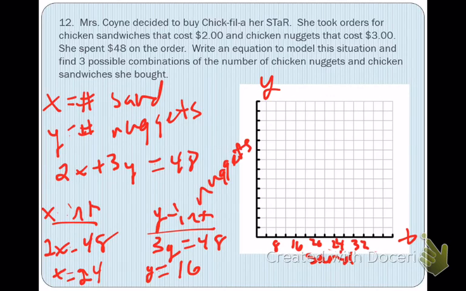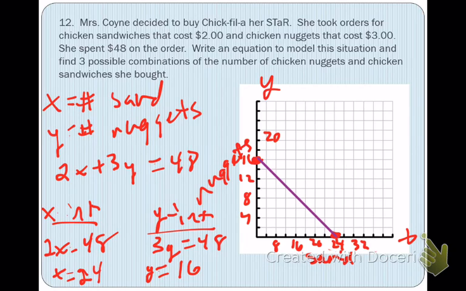Now the nuggets, the y's, need to go up to 16. So we should be able to go 2, 4, 6, 8, 10, 12, 14, 16, 18, 20, and so forth. So we've got to put a point here and a point here. And now draw your line. Okay?